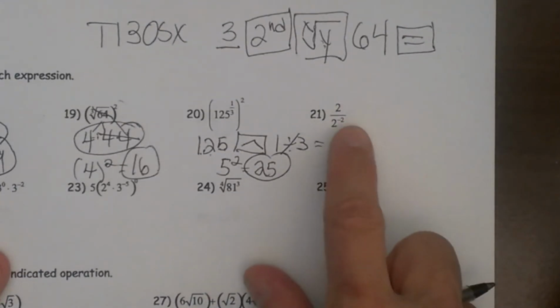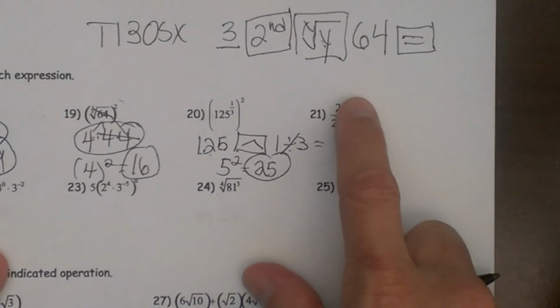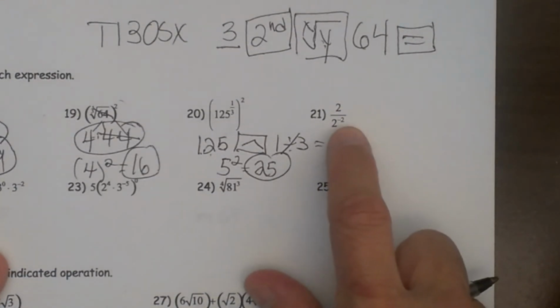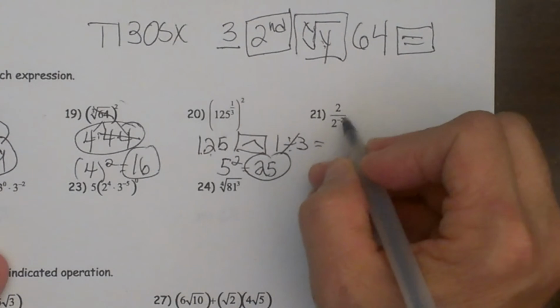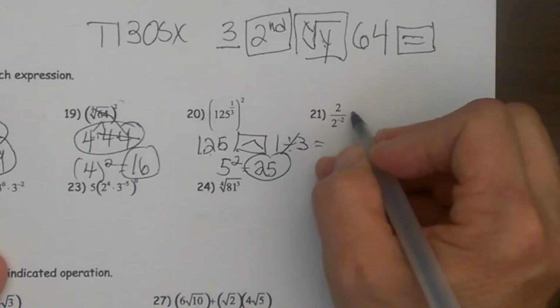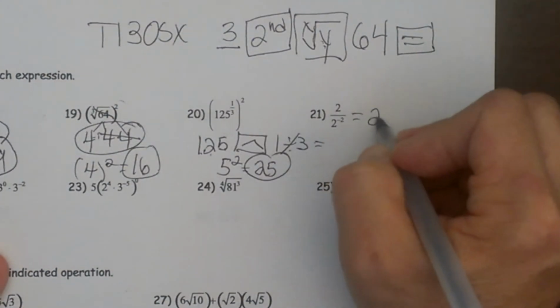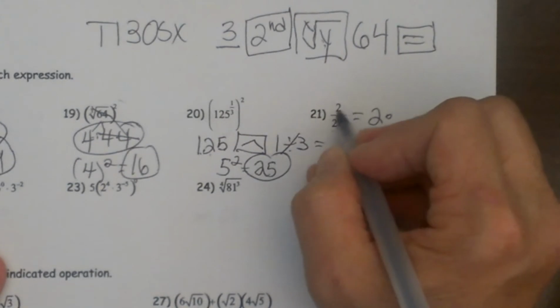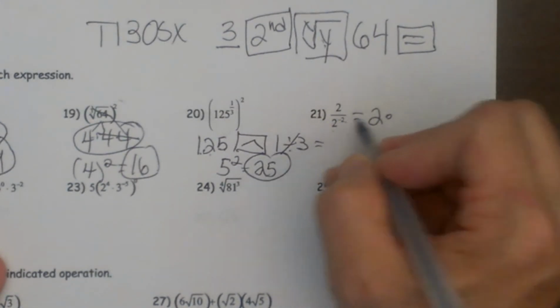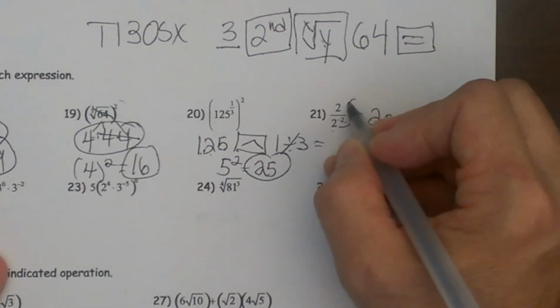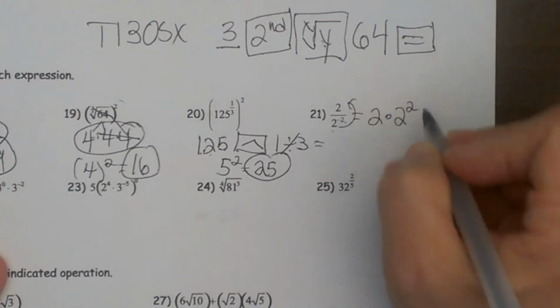Okay? The next one is 2 over 2 to the -2nd. A -2nd power tells us that we need to change its position. It's in the wrong floor, as I call it. So we have a 2 upstairs, and we have 2 to the -2nd in the denominator, which is kind of like downstairs. Well, with a negative exponent, we have to change the position and move it up, and it becomes a positive exponent.